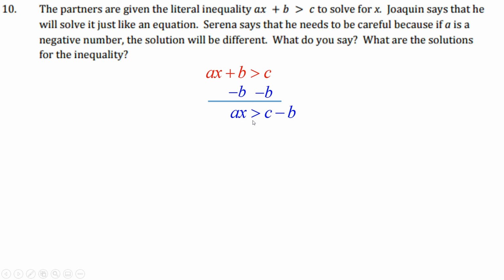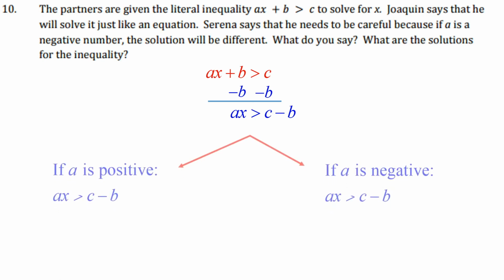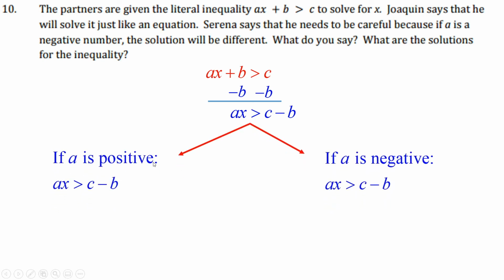So we do have two possible situations here. If a is positive and we do this division, all right, boom, positive, the inequality stays the same, greater than. And the a's cancel, and we have x is greater than c minus b over a.